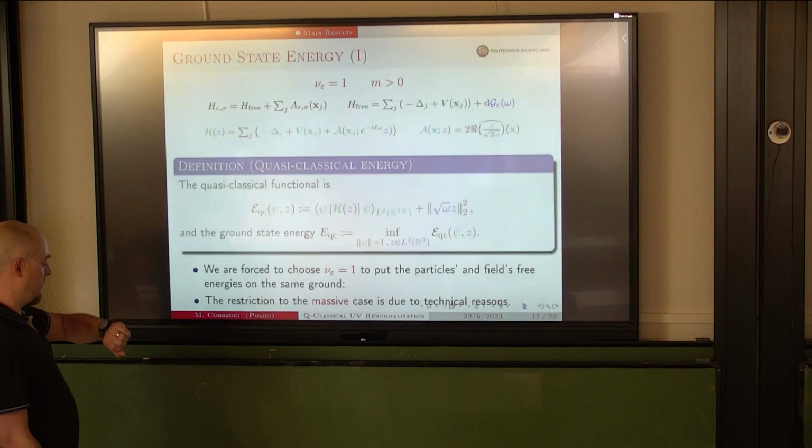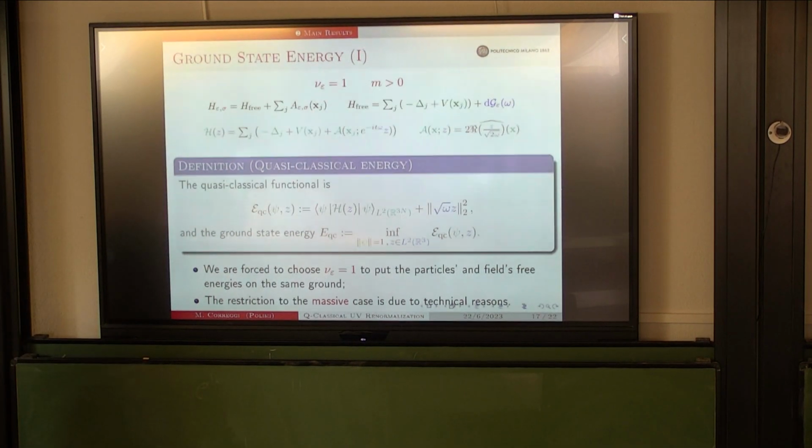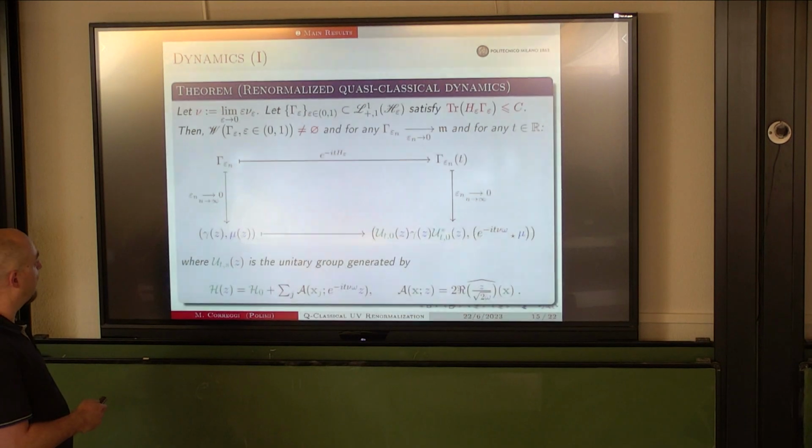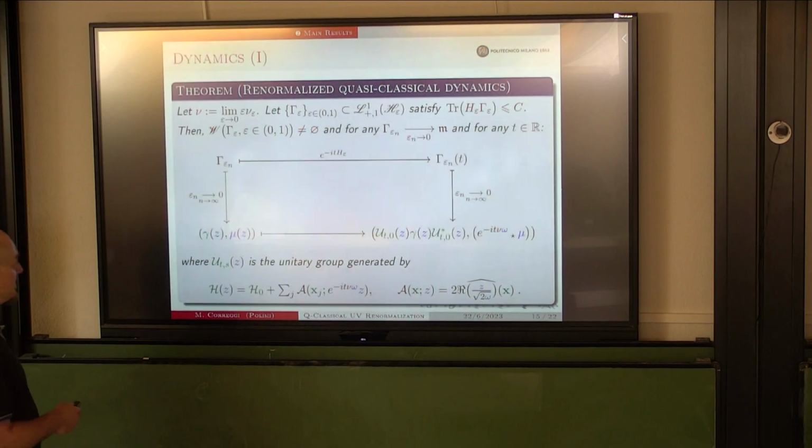Okay, so what about the stationary problem? Now, for the stationary problem, the things are slightly different. One thing I wanted to point out: the result for the dynamics holds even for the massless case.